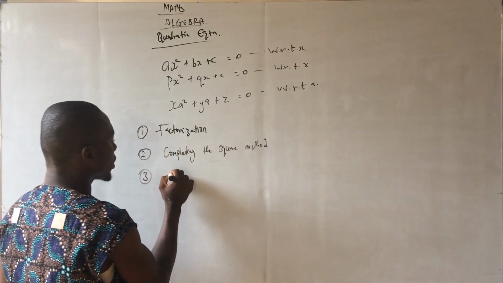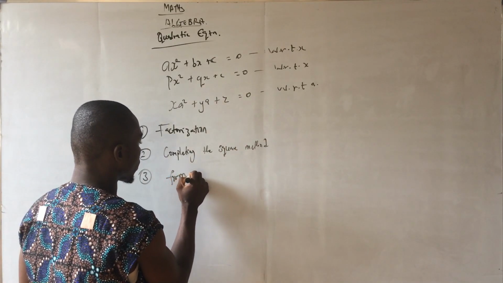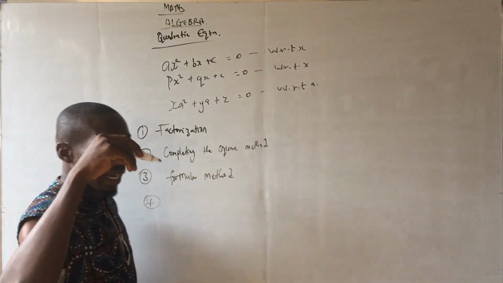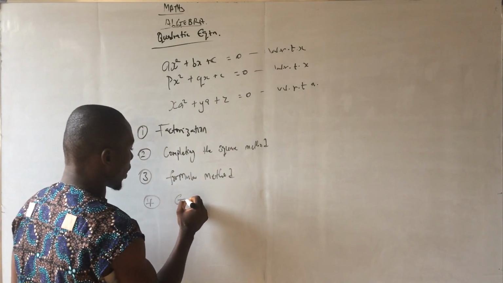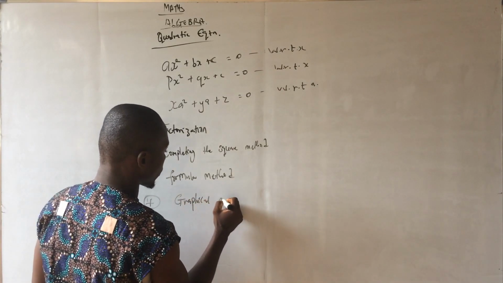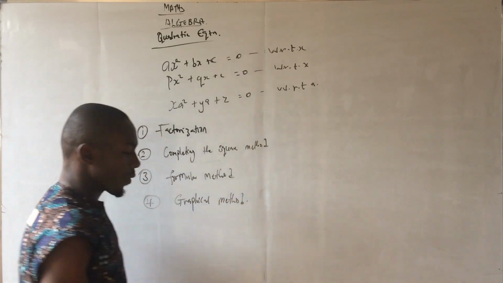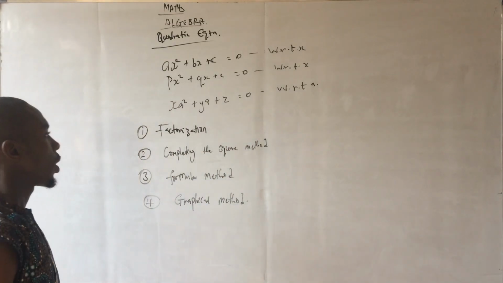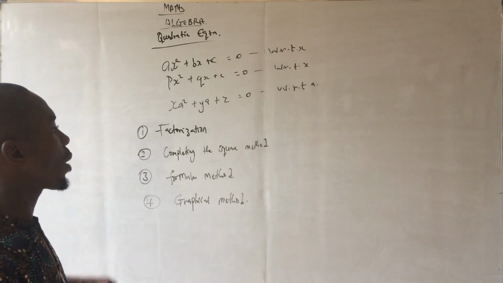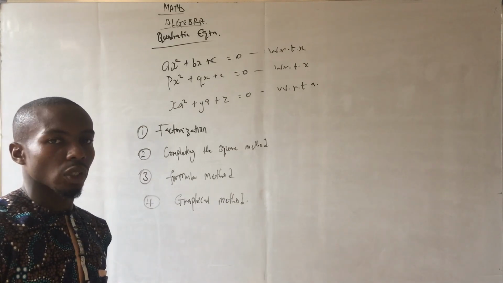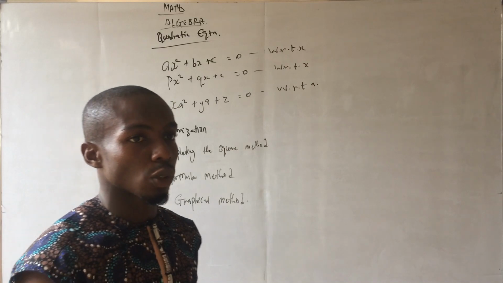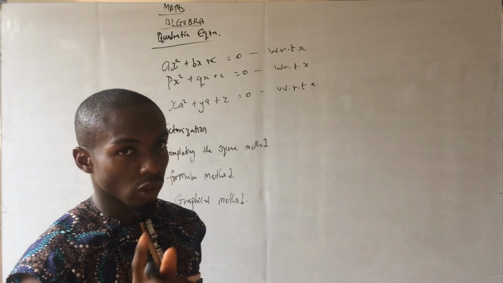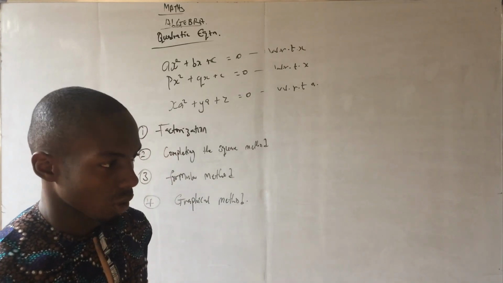Now the third one is the formula method, and the last one I know is the graphical. If there is any other one you know apart from these 4, please you can just drop them in the comment box. So factorization, completing the square method, formula method, and graphical method, they are the 4 methods I know that you can use to solve some of the quadratic equations.